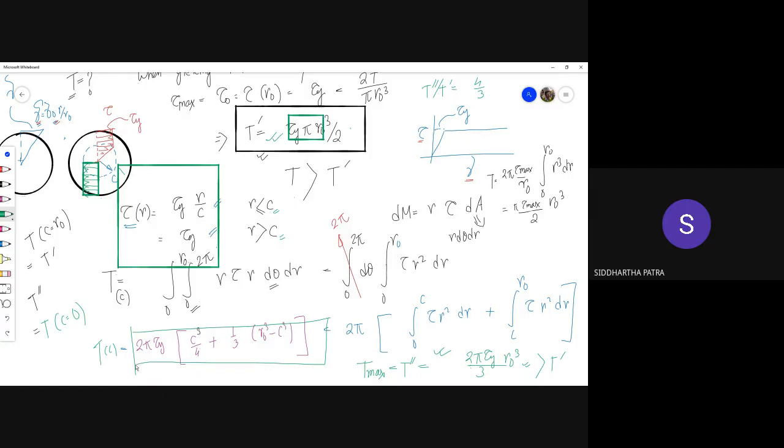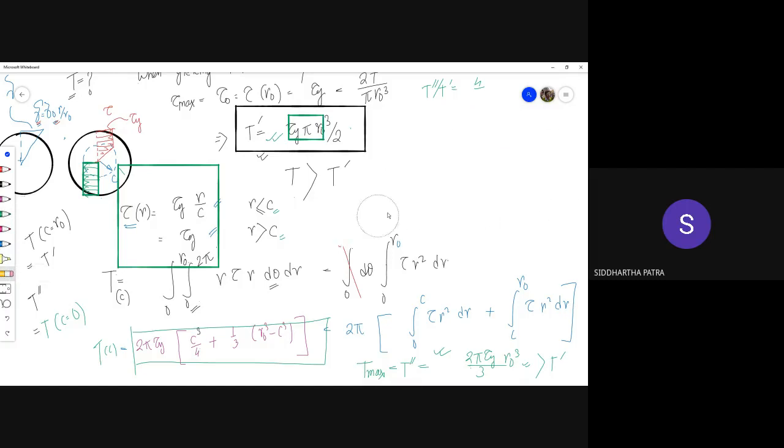And that torque must be elastically unloaded. So you need to find out what is the stress equivalent of that torque, the elastic stress equivalent of this torque, and then you'll have to subtract that elastic torque from this expression.